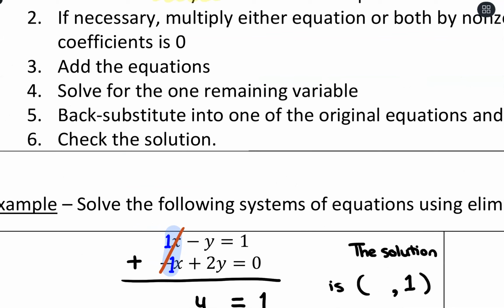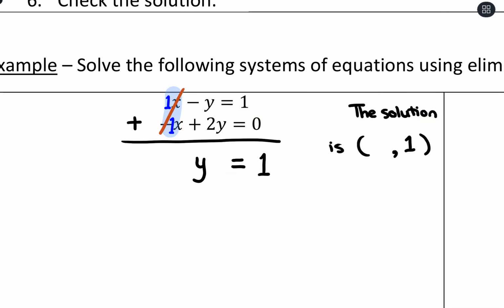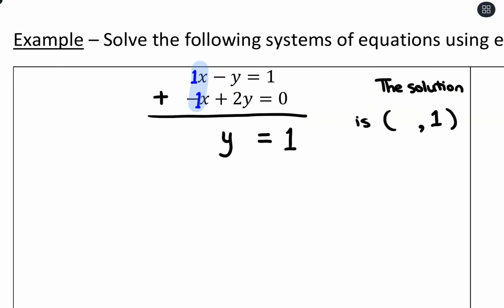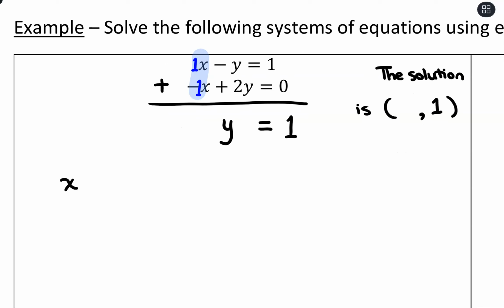So we're at step 4 here with this first example, so solve for the remaining variable. And with that, we just take one of the original equations. Doesn't matter which one. So let's go x minus y is equal to 1, and we're going to plug in y equals +1. Add 1 to both sides, and we get our x coordinate.